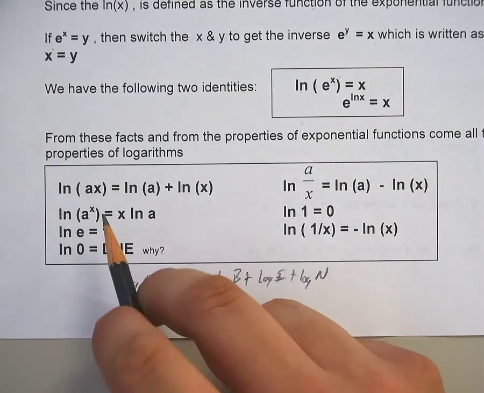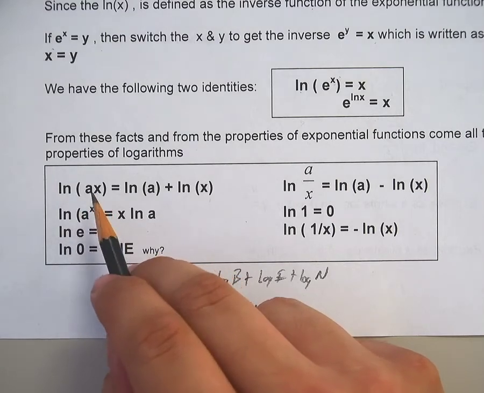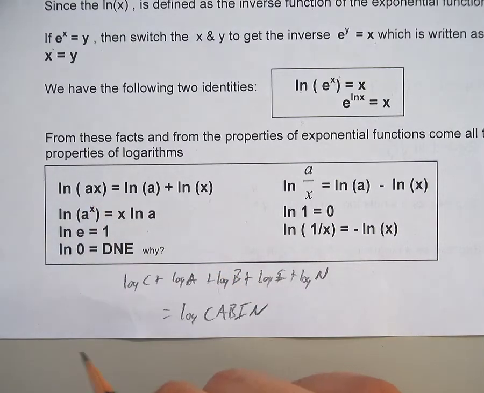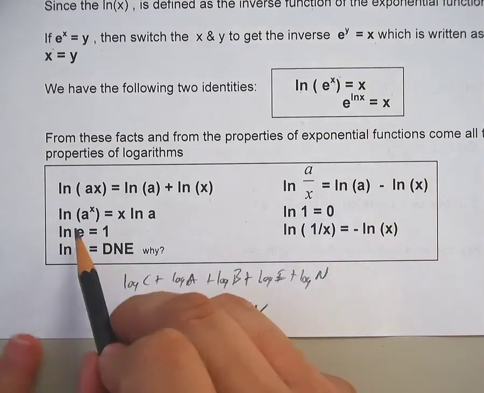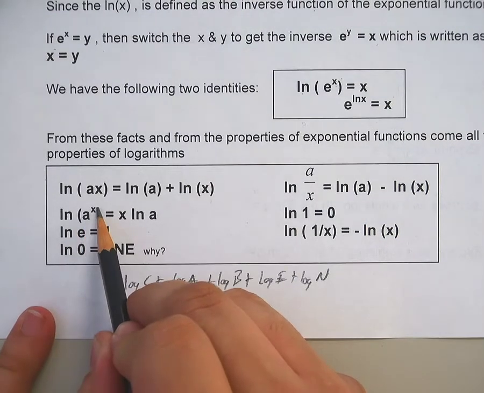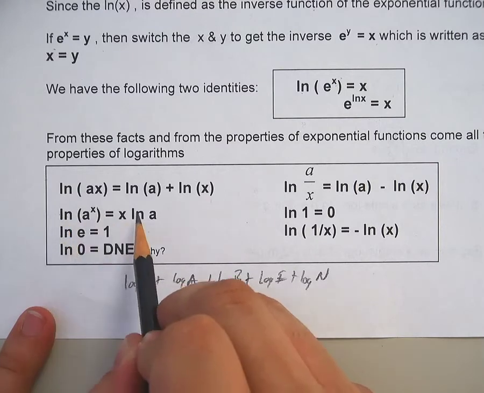Same rules still apply with natural logs. You can separate them or expand them into natural log A plus natural log x. If you're dividing, you can subtract them. If you have the natural log of A to some power, the power can drop in front of the natural log and be x ln A.